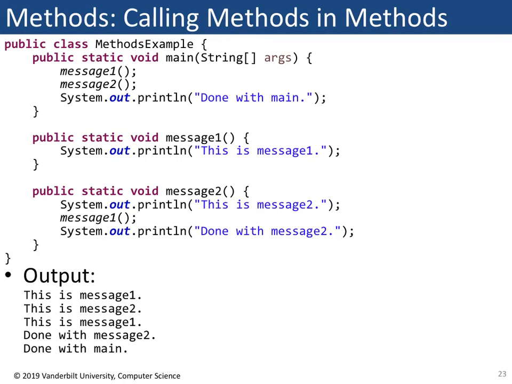At this point, we have reached the end of message 2, so the program pointer will return to the call which was placed to message 2 from the main, and will then continue to the next statement in the main. At this point, it's a println statement which will print "done with main" to the console, and that's what we see in the output.